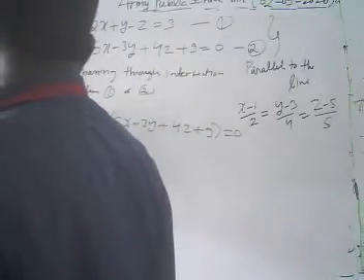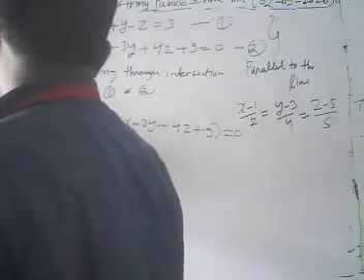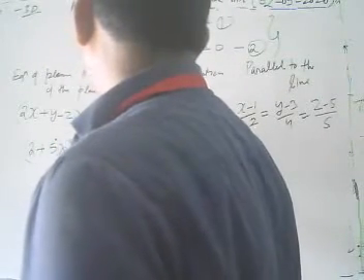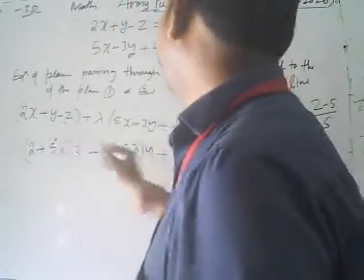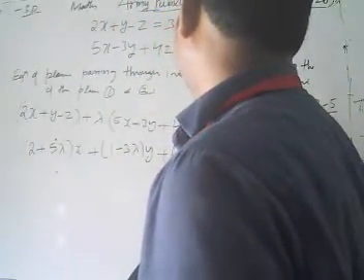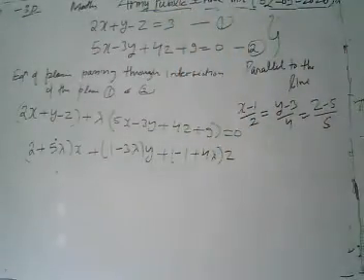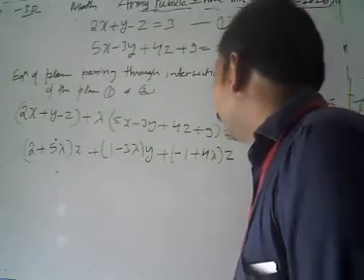We take x common: 2 plus 5 lambda into x, then 1 minus 3 lambda into y, then minus 1 plus 4 lambda into z, and then the last part. We have covered all this.